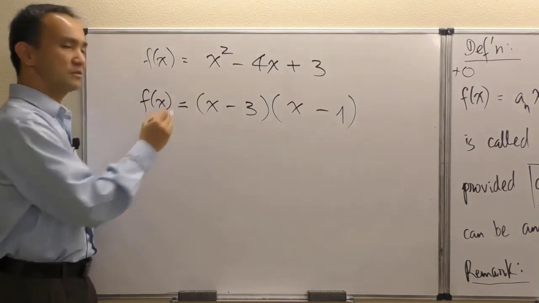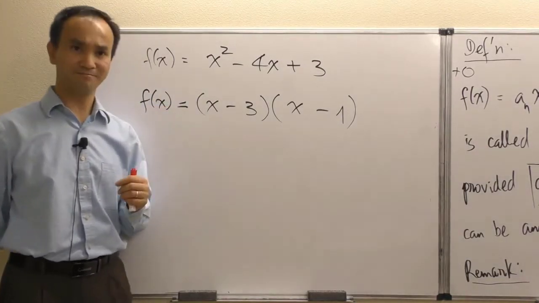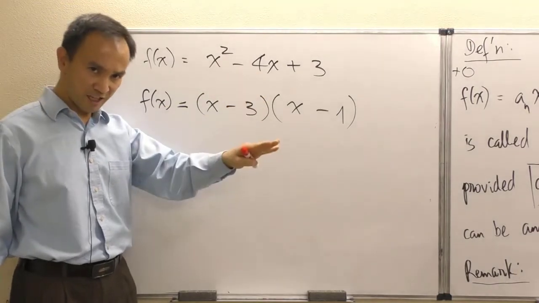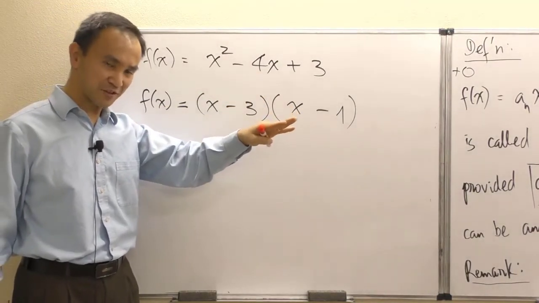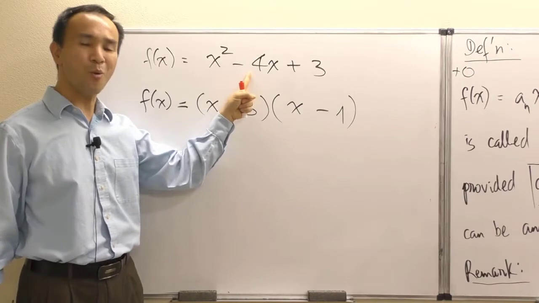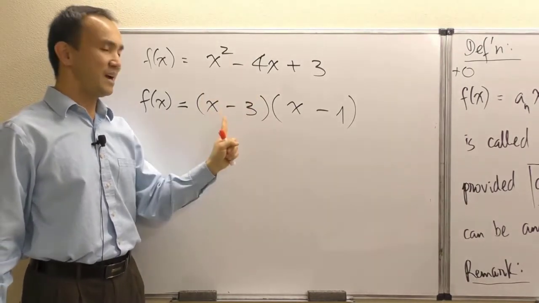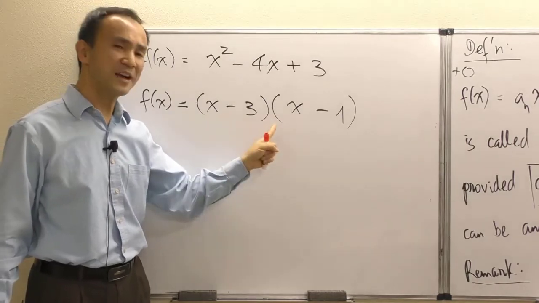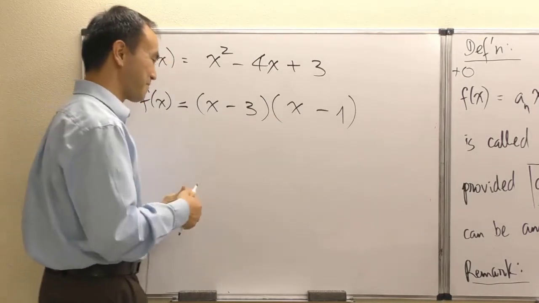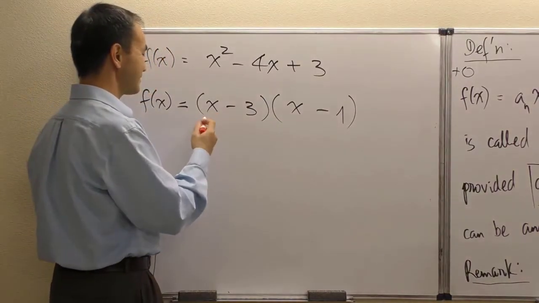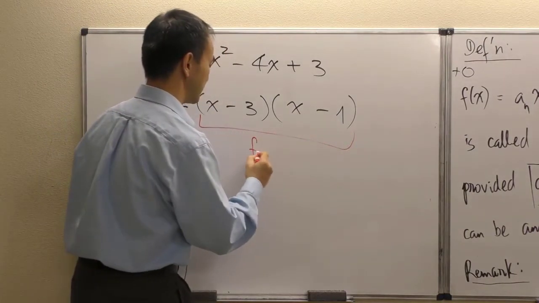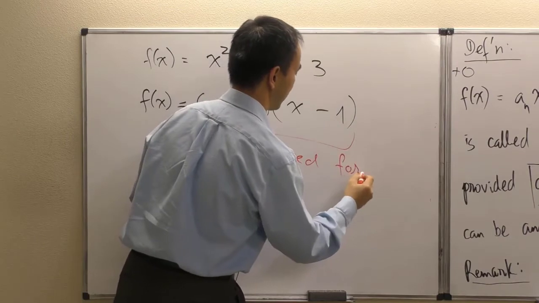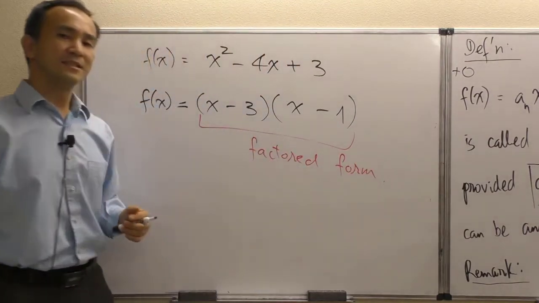I'm not trying to give a lesson on how to factor, but we know at this point in our learning experience through algebra that this quadratic here has an equivalent factor form. This is called a factor form, or the factor product.